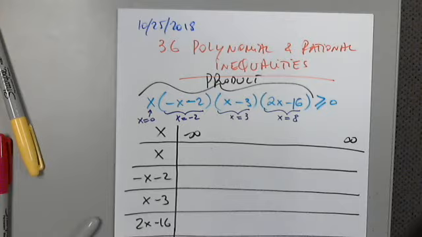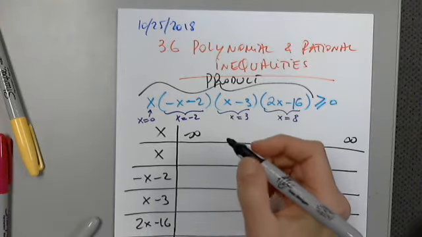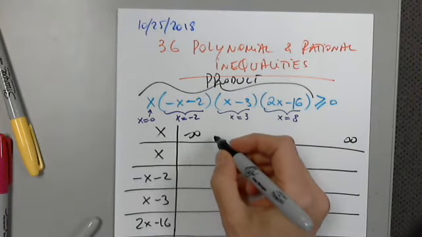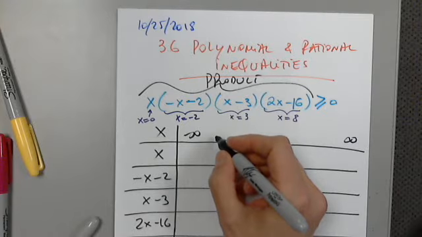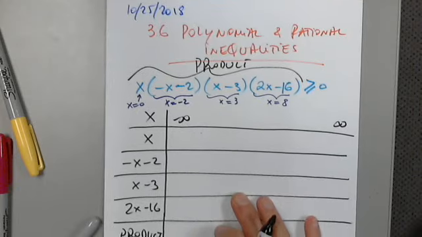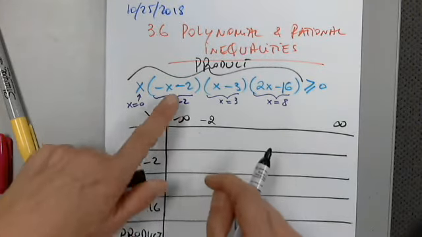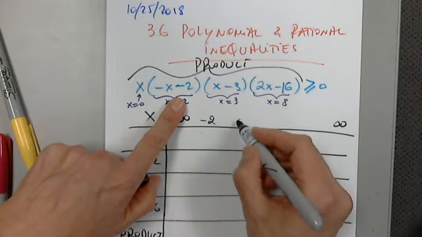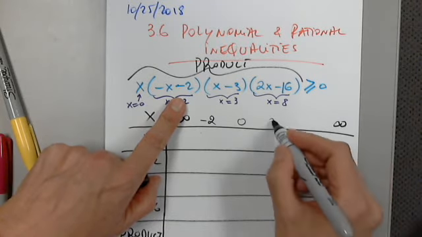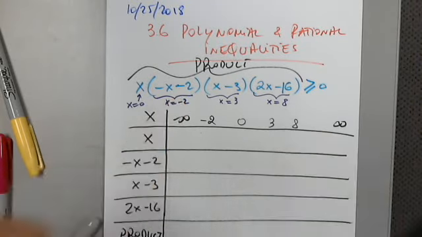So, from left to right, what will I put in? Which one goes in first? Negative 2. Then 0, then 3, and then 8. Now I would like to put a 0 in each row where it belongs.